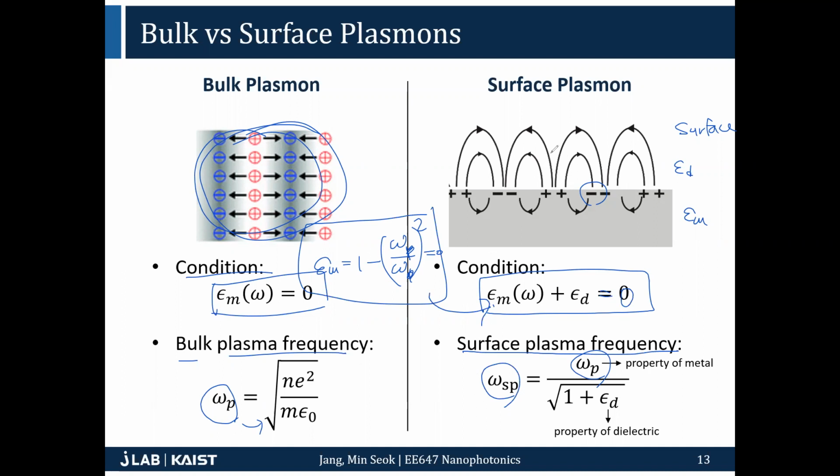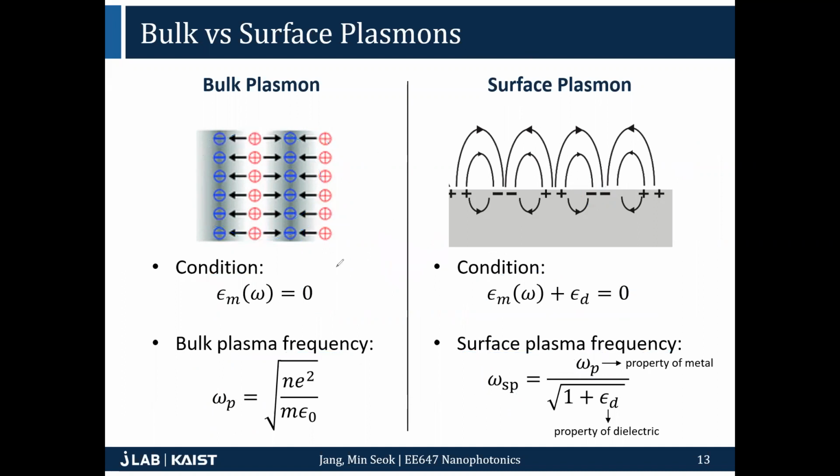The reason why I bring up this comparison is because this type of hand-wavy argument becomes useful when you try to, for instance, estimate the resonance frequency of localized plasmons. For instance, let's say you have a metal here, a metallic ball, and here's the dielectric.